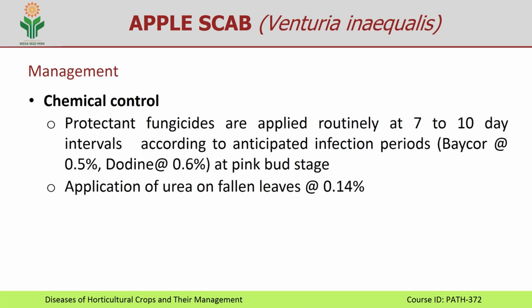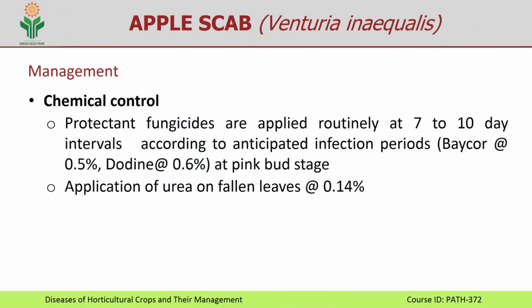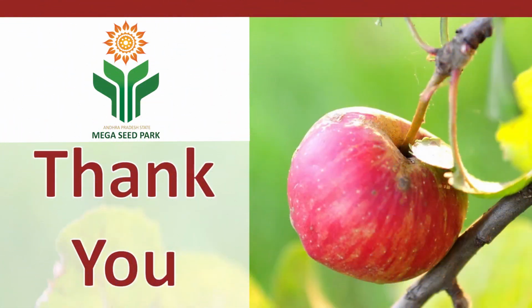Number 1, Bavistin at 0.5% and Dodine at 0.6%, applied at the pink bud stage. We can also apply urea on the fallen leaves at 0.14%. So this is the whole schedule we can follow, and therefore we can keep the disease away from the crop.